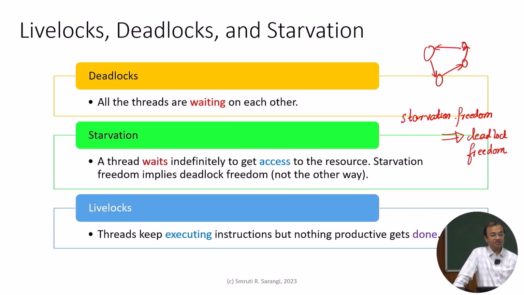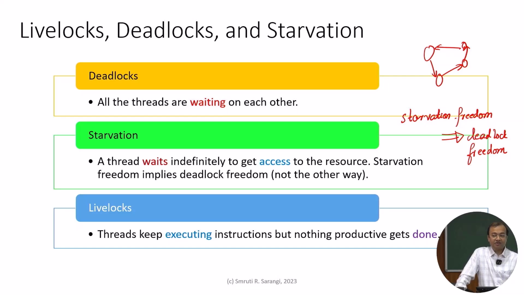If you have starvation freedom, then it automatically implies that you have deadlock freedom. But if you have deadlock freedom, it doesn't mean that you are fair. So deadlock freedom does not imply starvation freedom. Go back to my crows and birds example. It's a one-way implication: if I'm not starving, there are no deadlocks, but no deadlocks does not guarantee fairness.